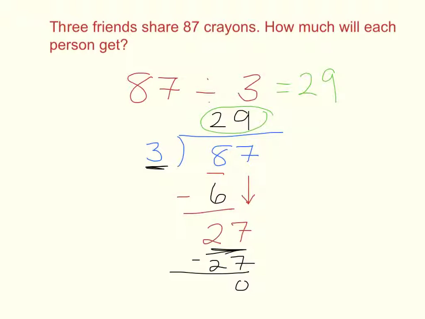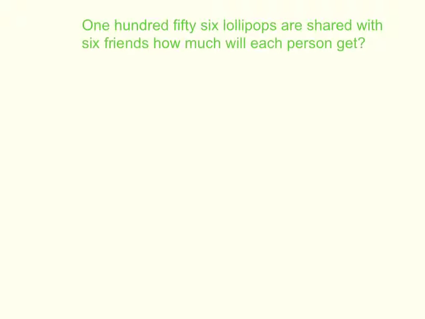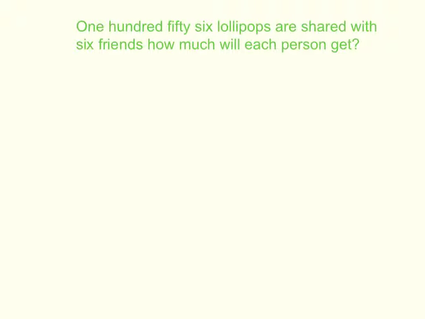Let's do one more. In this problem here, I'm going to read it out loud. Oh, I'm sorry, I didn't put a period here. So this should be a period right here. So here's another one: 156 lollipops are being shared with 6 friends.